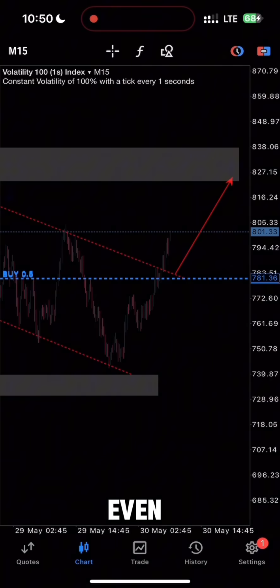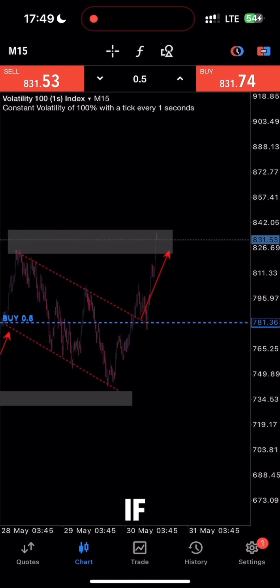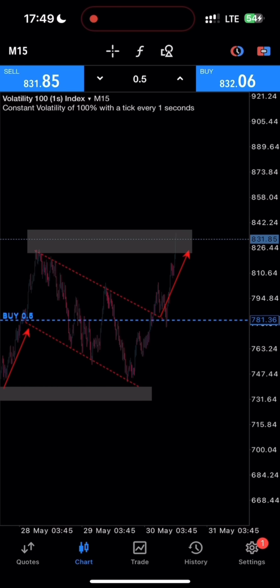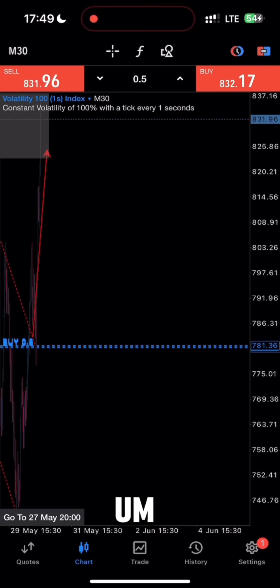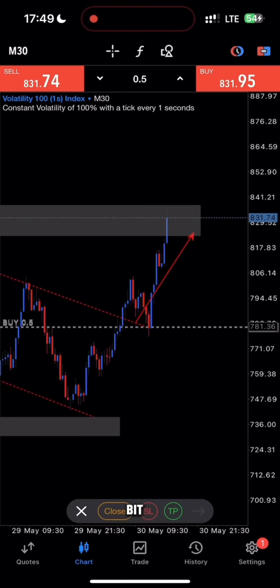And sometimes it can even come down to your entry point and then go up, just so it can scare you, because the market knows that some people out there will exit if it comes down a little bit, like it has done there. You see, it has gone down below my entry point just a bit.